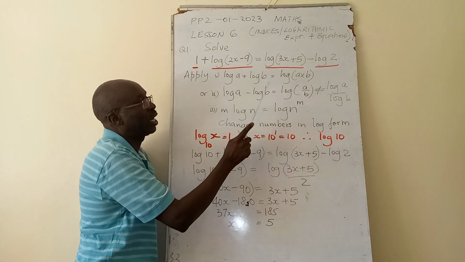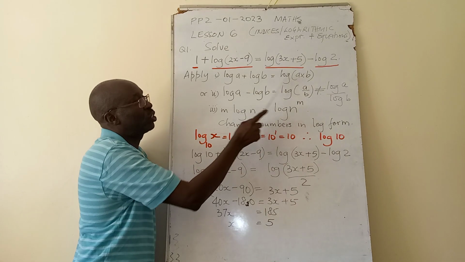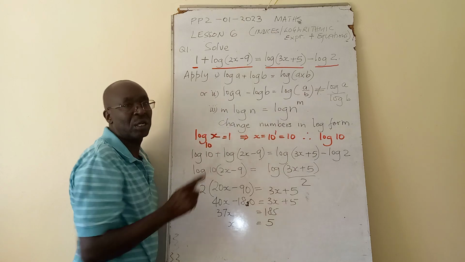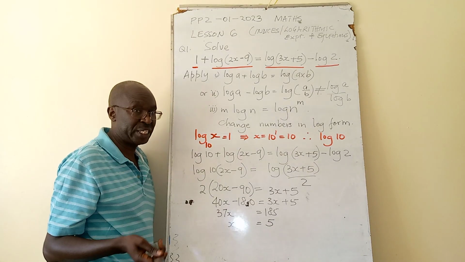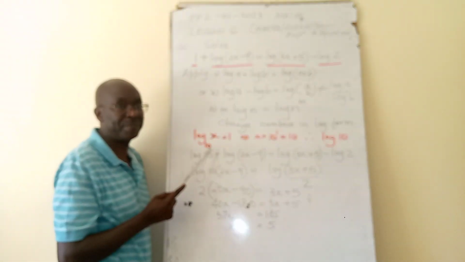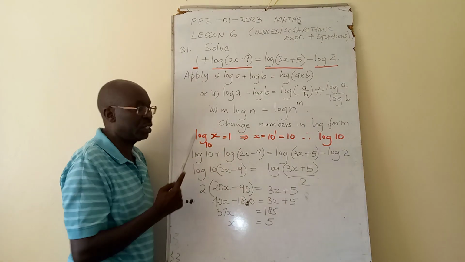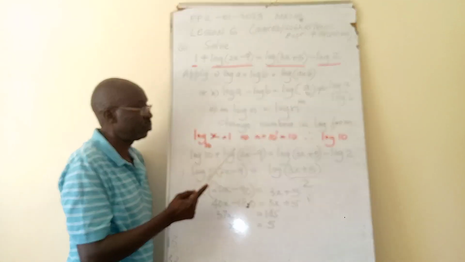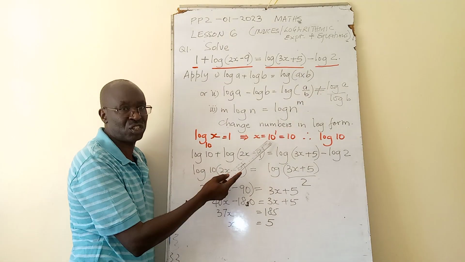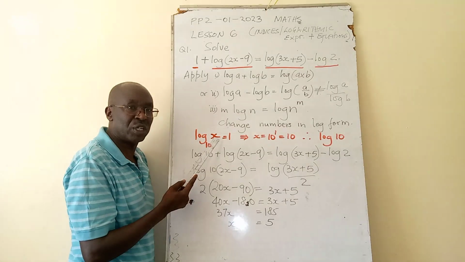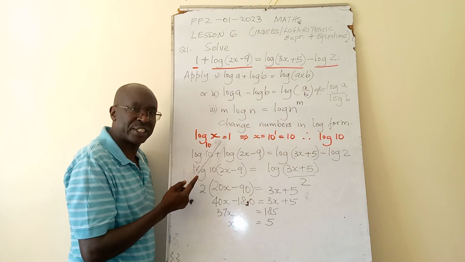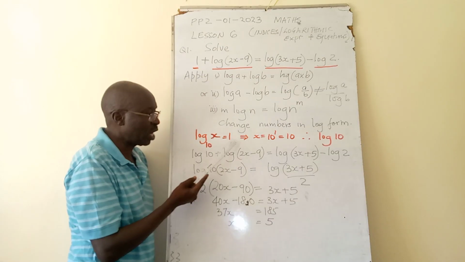That's why I've put base 10 here. Now look, this is a logarithmic notation. Now we have to put it in index notation. I'm looking for x.